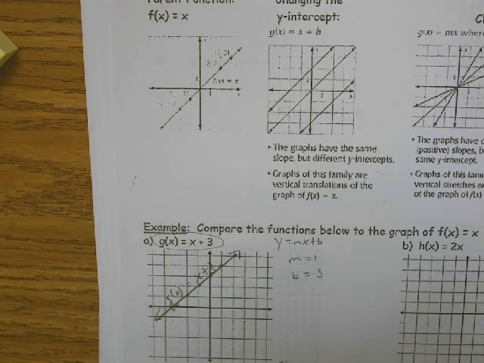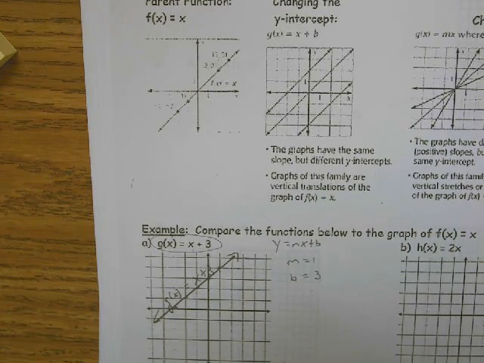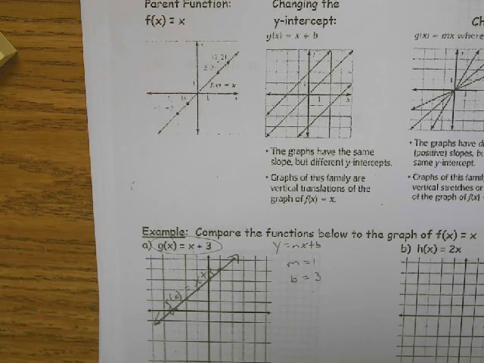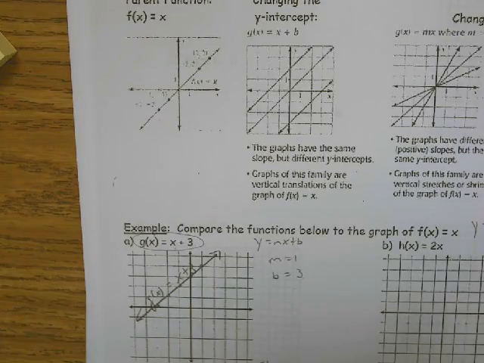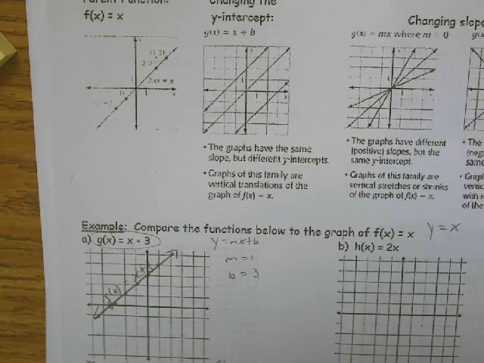So g is a vertical shift up 3, or a vertical translation. You can even just say shift up 3, that would also be fine.